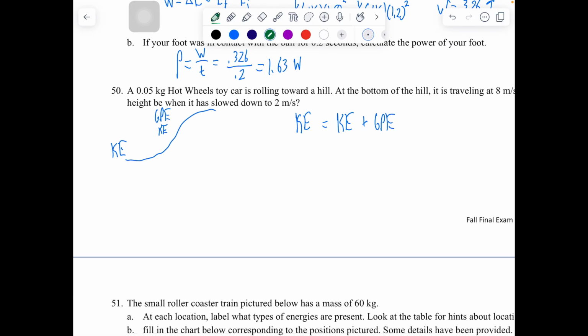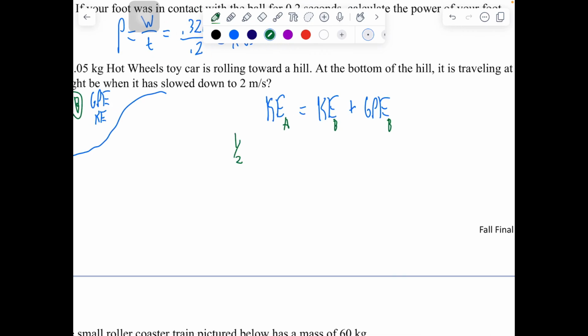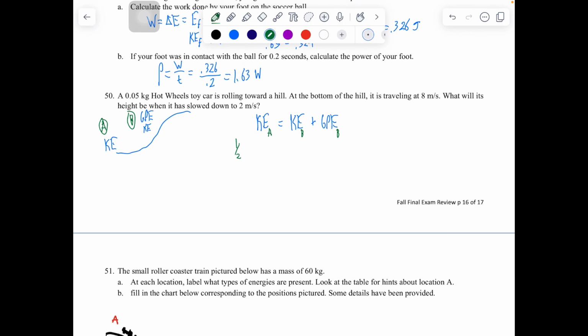Again, maybe we label this point A, this point B, and we can write out our equation, 1/2 the mass, 0.05, velocity squared, velocity at the bottom is 8. We know it slows down to 2. We're just solving for that height.